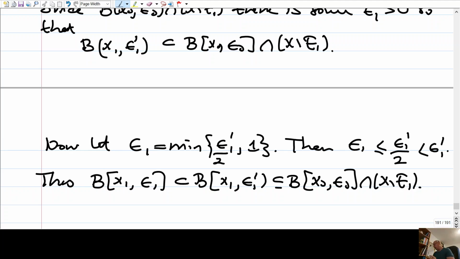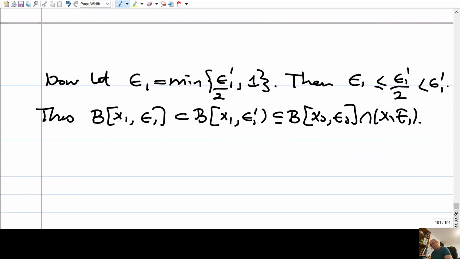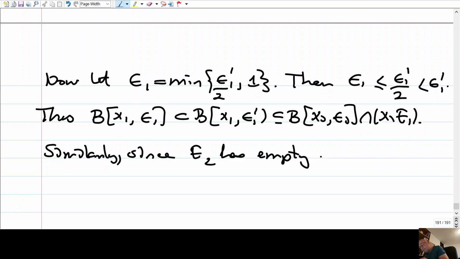Okay. And then we do what? Well, similarly, since E2 has empty interior, this ball, so I play the same game.